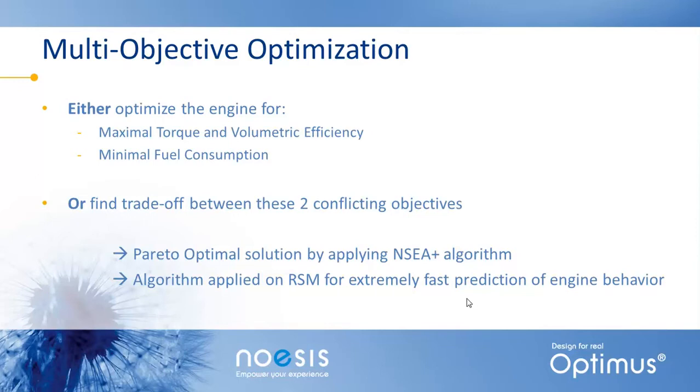And in this case, we are going to use the second approach where we use the meta model, and we can either optimize the engine for maximal torque and maximal volumetric efficiency, or minimal fuel consumption. But as you can already expect, these are two conflicting objectives, so we will have to find a Pareto optimal solution by applying a genetic non-dominated sorting algorithm.